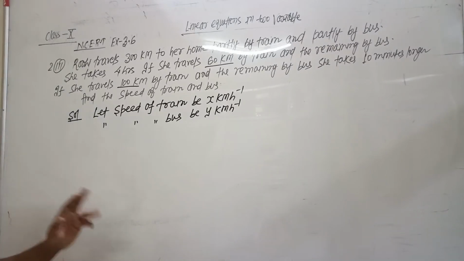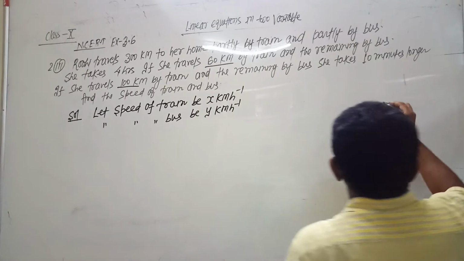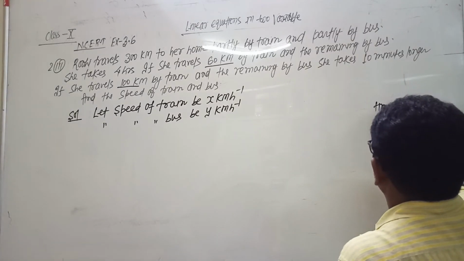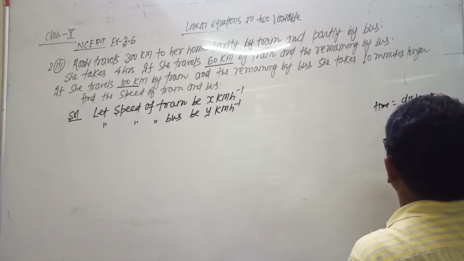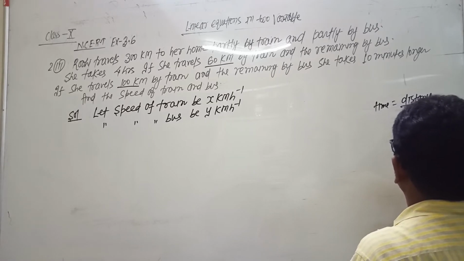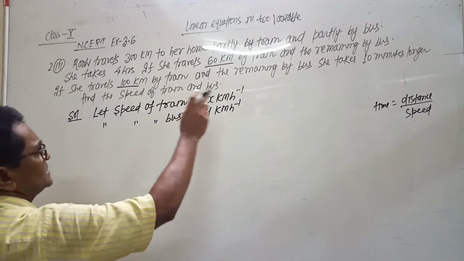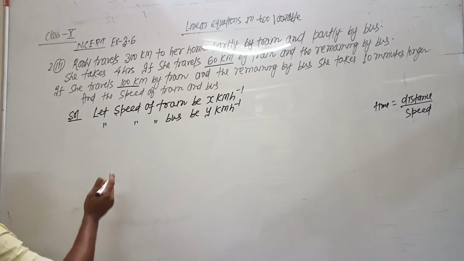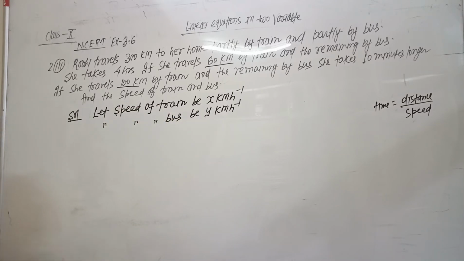Now we know that time equals distance upon speed. So 60 km distance is travelled by train and the rest by bus.